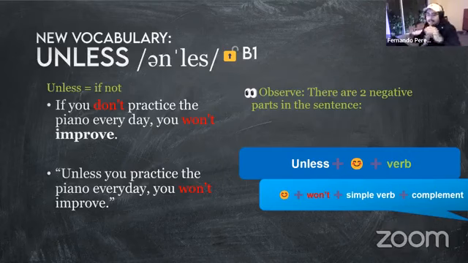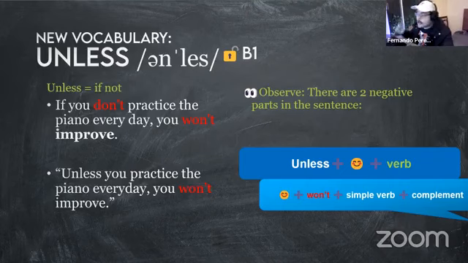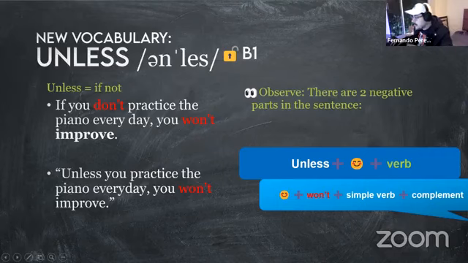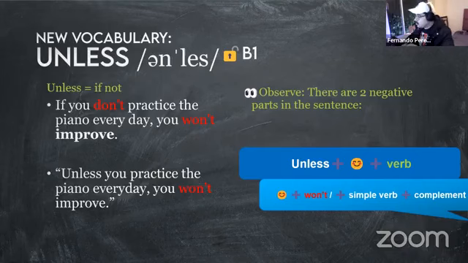Now, I want you to analyze this. We are talking about real consequences, okay? So we are using will, negative won't, no? You can use this for imaginary situations too. So you can say won't, or you can use, what is the negative for would?